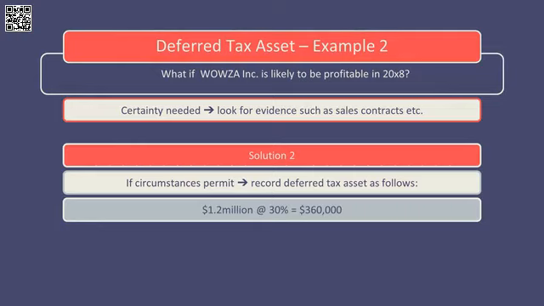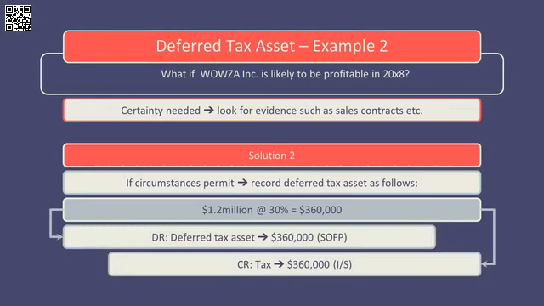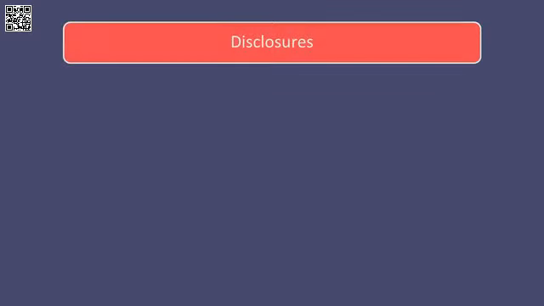As you saw earlier, this is a tax asset of $360,000. The double entry is debit deferred tax asset $360,000. This is recorded in the statement of financial position. Credit tax in the income statement $360,000.